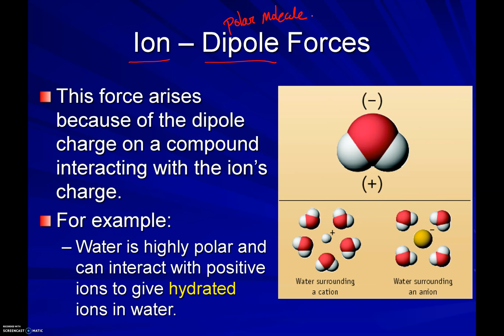And we can see this take place really easily with water, because water is one of the most polar molecules. We can see it has the partial negative charge on this side and the partial positive charge on this side. And so we can see this ion dipole attraction take place, because if we had a cation, which is positively charged, the negative side of our oxygen can create this intermolecular force of an ion dipole interaction.